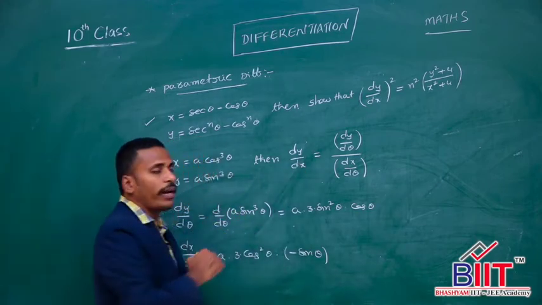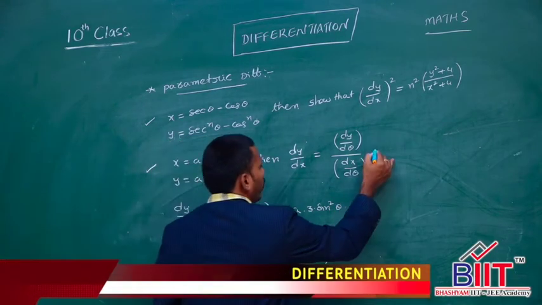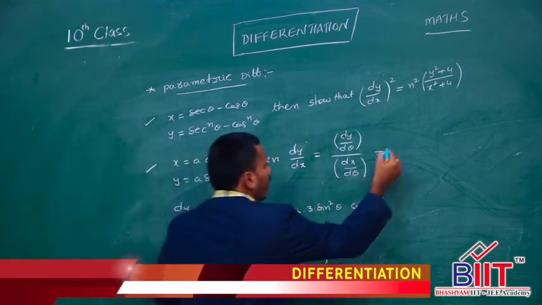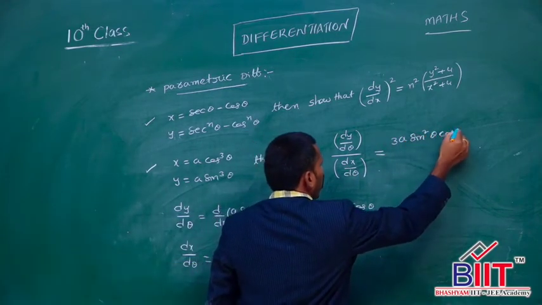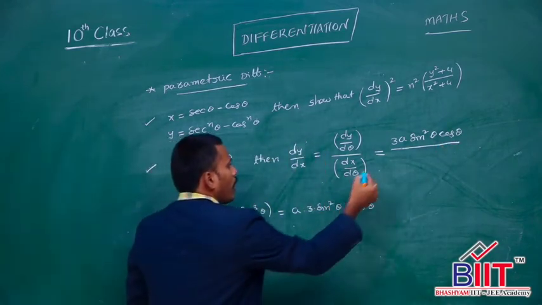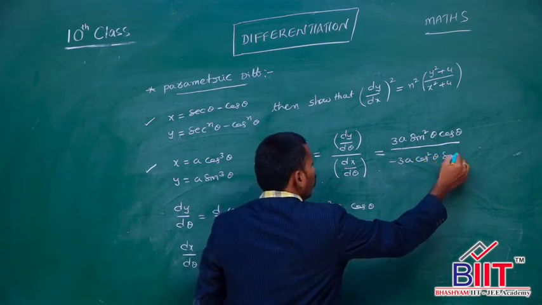Our intention is to find dy by dx, which is dy by d theta divided by dx by d theta. So this is equal to the numerator dy by d theta, 3a sine square theta into cos theta, divided by what is the denominator? Minus 3a cos square theta into sine theta.